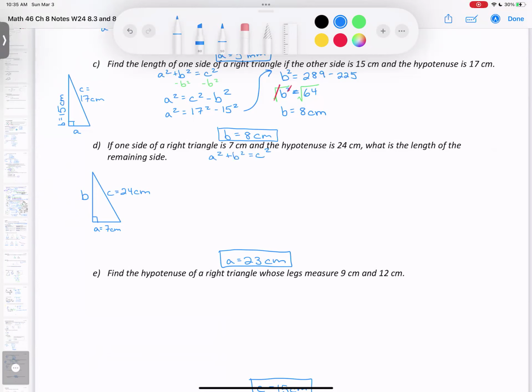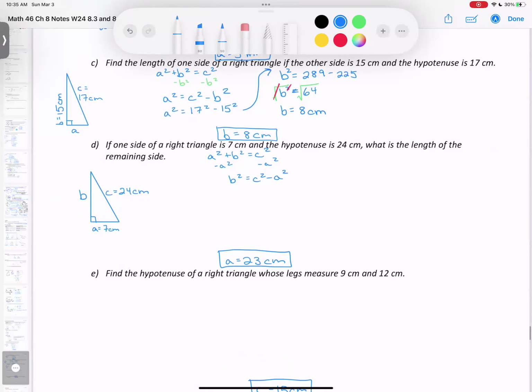This time I'm solving for B, so I'm going to isolate the B squared on one side by subtracting A squared from both sides. So I get B squared equals C squared minus A squared. Again, you can just put the rearranged formulas on your formula sheet, but this is great practice for algebra later on. Okay, so B squared is, okay, we said C squared was 24, so 24 squared minus our A squared was 7 squared.